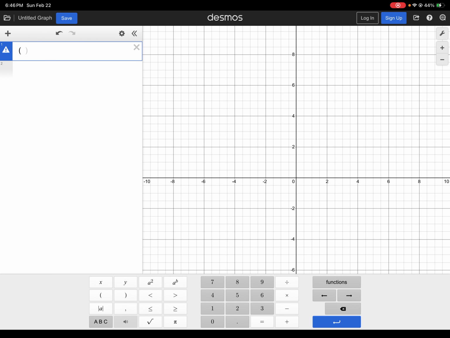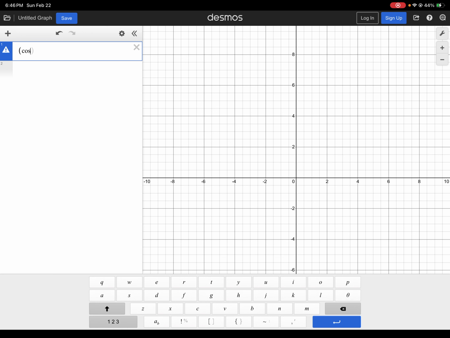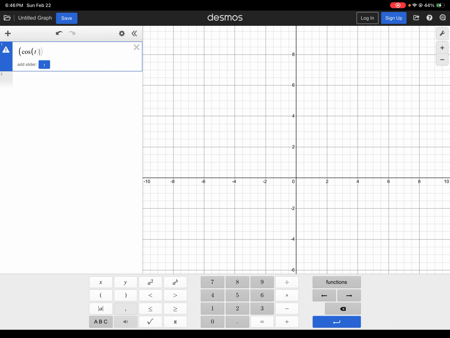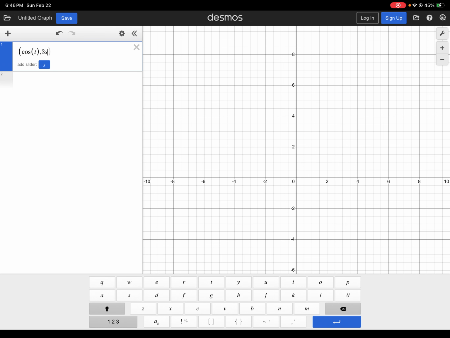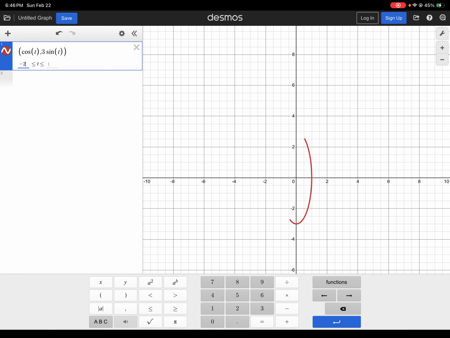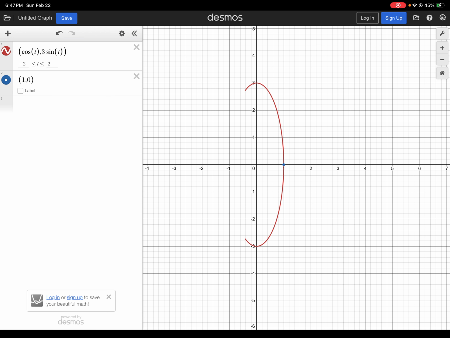So we have cosine of t, and then we have 3 sine of t. Let's see, something like negative 2 to 2. Okay, and then remember that our point was 1, 0 right here. So you can see how here we have a vertical tangent line.